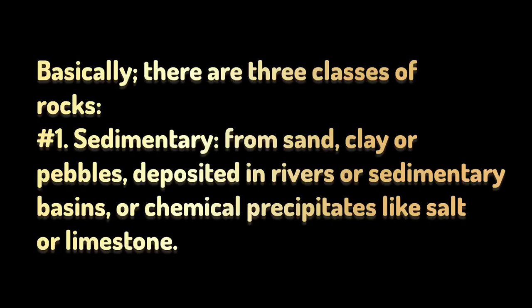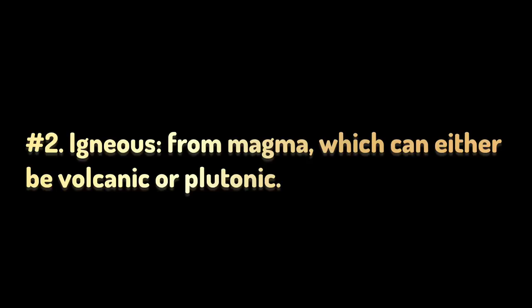Basically, there are three classes of rocks. Number one, sedimentary, from sand, clay, or pebbles deposited in rivers or sedimentary basins, or chemical precipitates like salt or limestone. Number two, igneous, from magma, which can either be volcanic or plutonic.